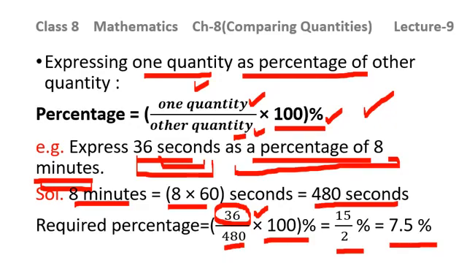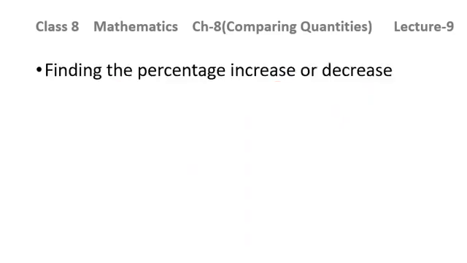That is why first of all, I have converted 8 minutes into seconds, that will be 480 seconds, and the required percentage will be 36 over 480 into 100%, that will be equal to 15 over 2%, that is equal to 7.5%.